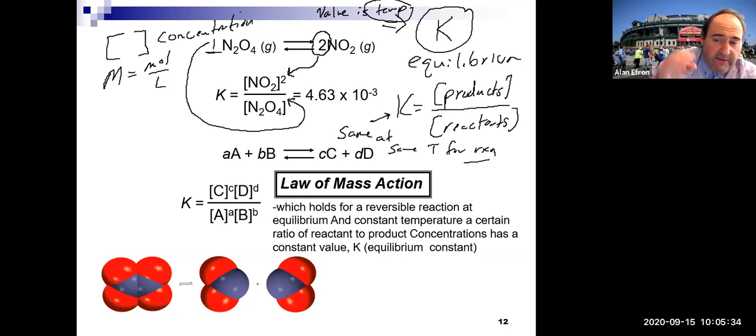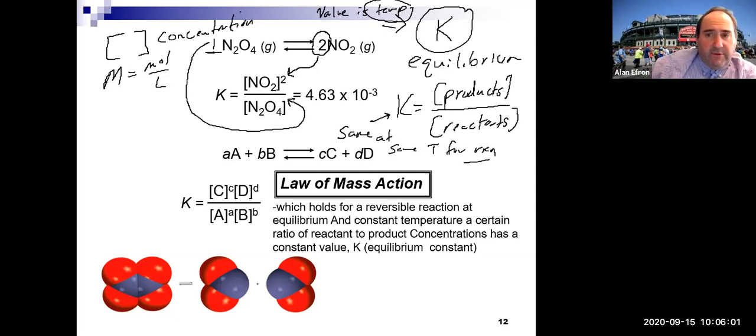But if you take it from 25 degrees and change it to 60 degrees, the value of K will be different than it is at 25 degrees. But once you get to 60 degrees Celsius and keep it there, it will remain the same, all the equilibrium values. So temperature is really the only thing that will change the actual value of the equilibrium constant, but it will remain constant at a specific temperature.